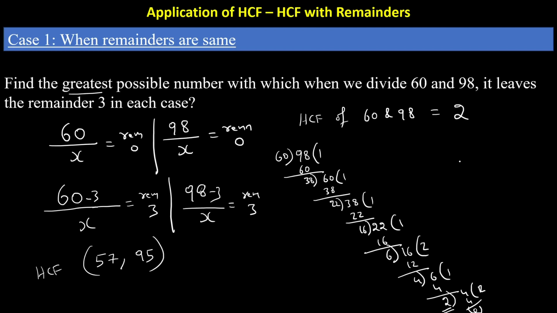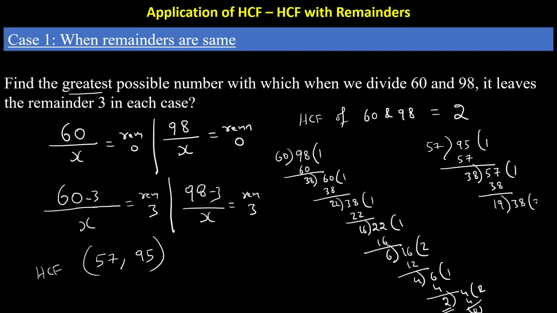So what is the HCF of 57 and 95? What is the largest number? 95. 57 one time 57. So what is the remainder? 38. And 57, 38 one time 38. What is the remainder? 19.